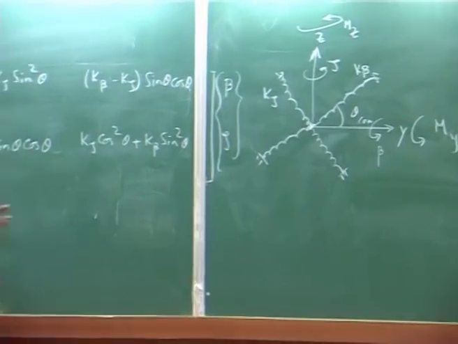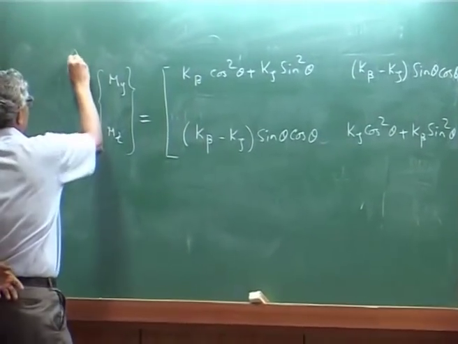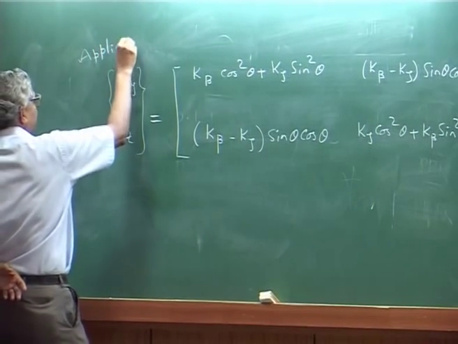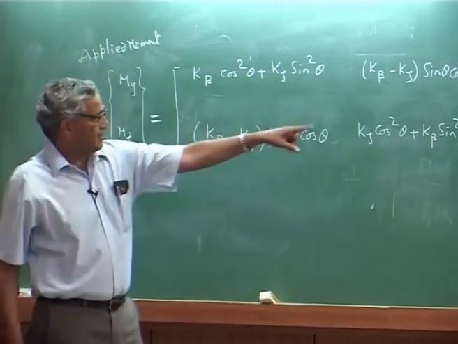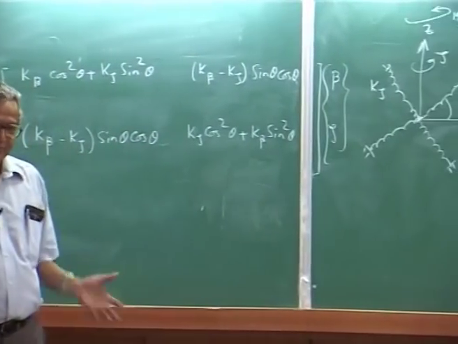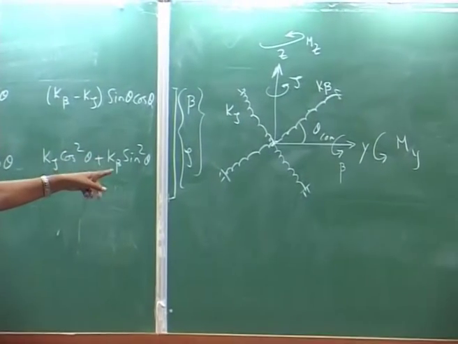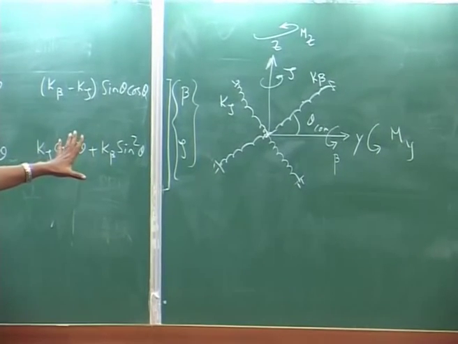It depends on how they, this is the applied moment, okay. Applied moment My Mz, okay. Flap moment, lag moment, but downward, please understand. So, the convention, everything you have to be very careful.